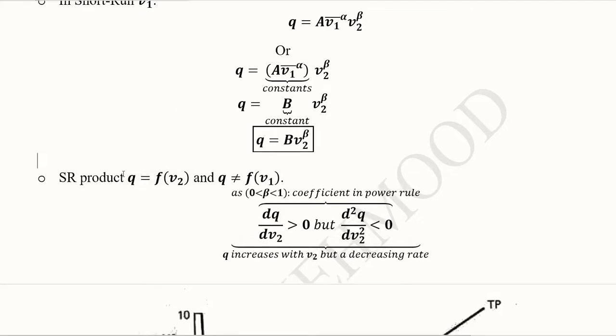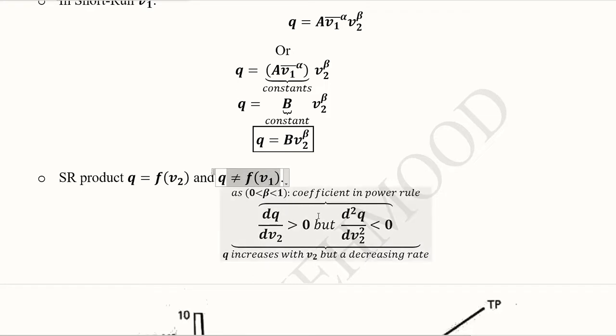So secondly, we can learn about the shape of this curve from this functional form where V1 is not present because it is considered as a constant and it is merged in the term B. So Q is dependent upon the variable V2 and not the variable V1 because of the short run.